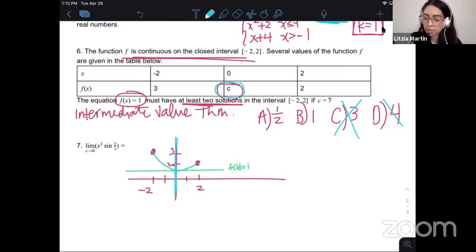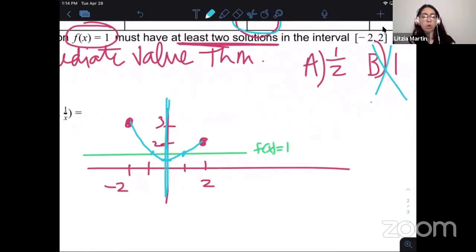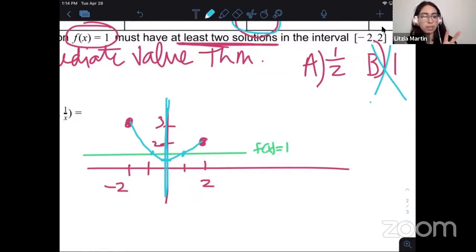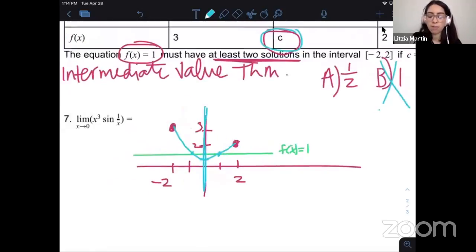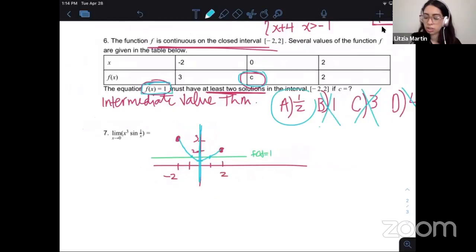What would need to happen is we would need for when x is equal to 0 to go at least to 1/2, because when we do, we see that now this crosses through the f of x equal to 1 line at least twice. Okay, so our answer is A, 1/2.